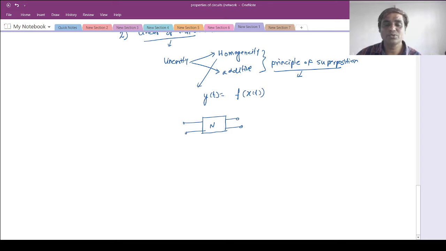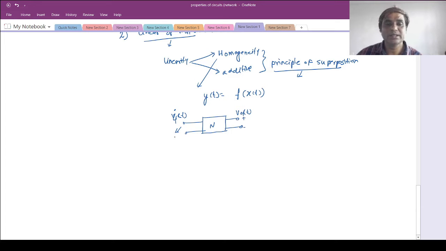Suppose I give the input as I1 of t and I get the output VO1 of t. You can consider current or voltage, whatever it is. The response I am considering is the voltage VO1 of t.